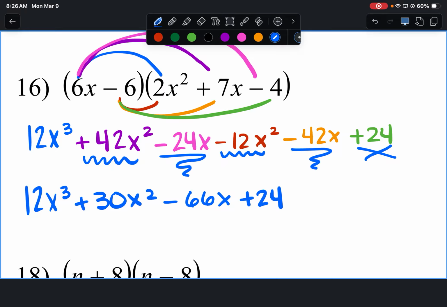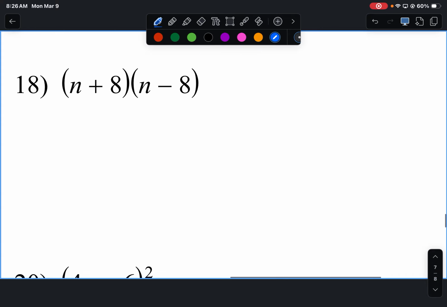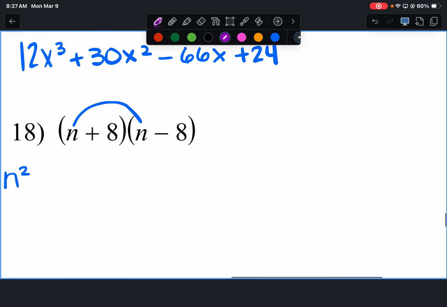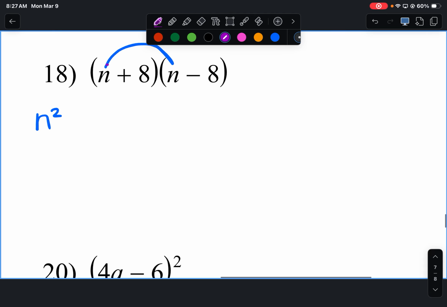Then question 18 is back to us distributing two binomials. So what do I need to multiply first in question 18? So we have n times n, which is n squared. Then we need to do n times 8. After that, what do we do?